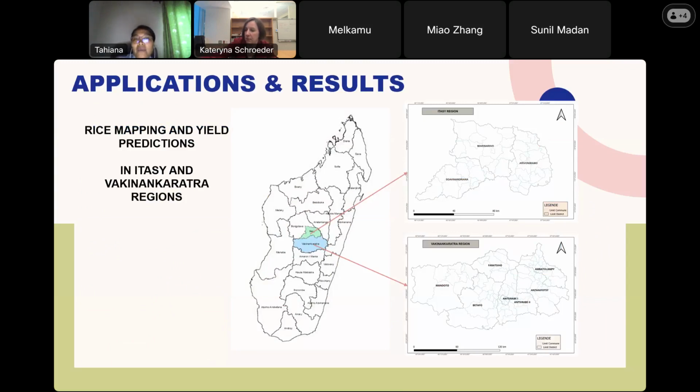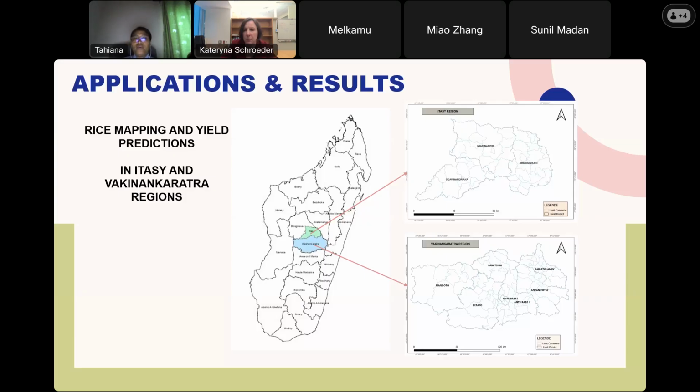Now, what are the applications of the CropWatch platform for us Madagascar participants, and in both workshops in Beijing? We chose to do rice mapping and yield prediction in both regions. As I said before, Madagascar is divided into 23 regions, and we chose two regions, Itasy and Vakinankaratra, located in the middle of Madagascar.